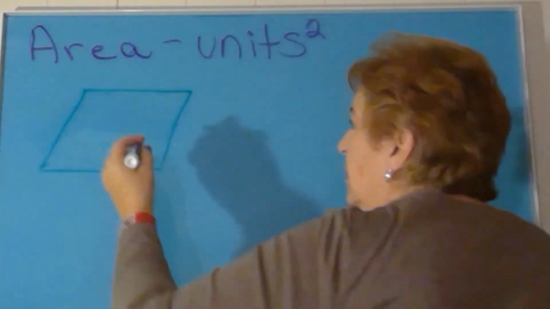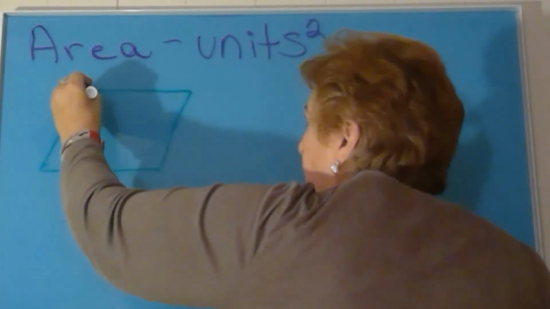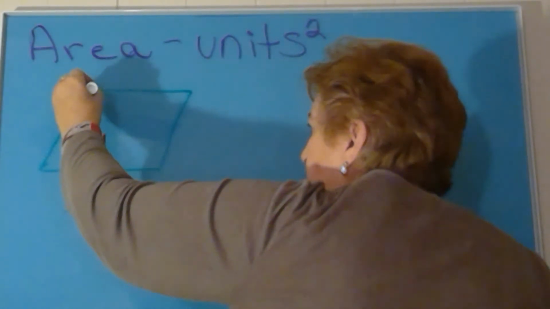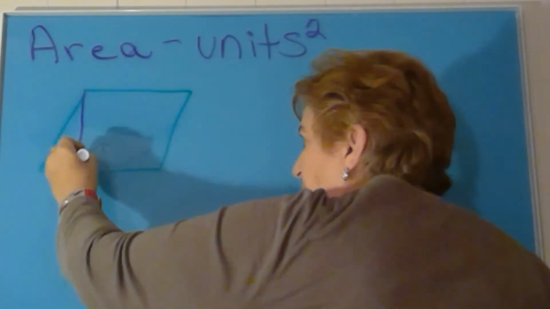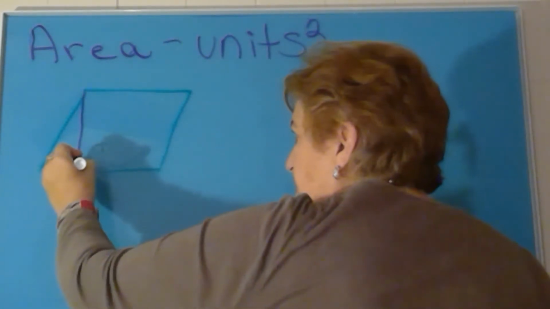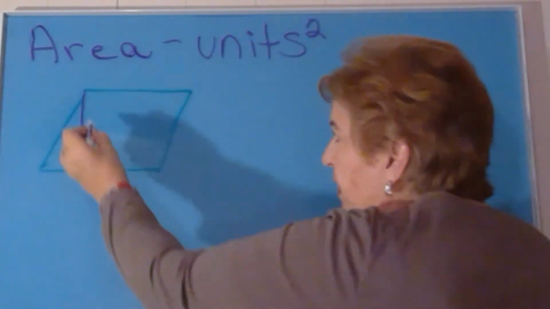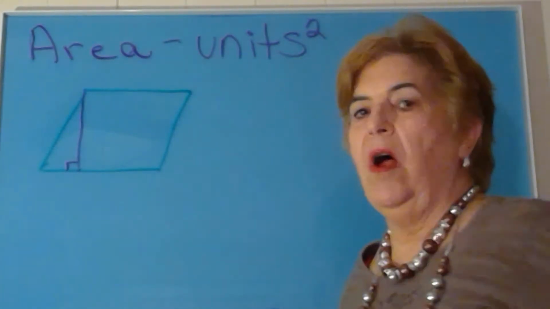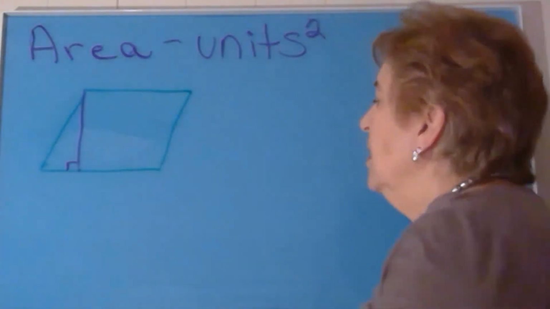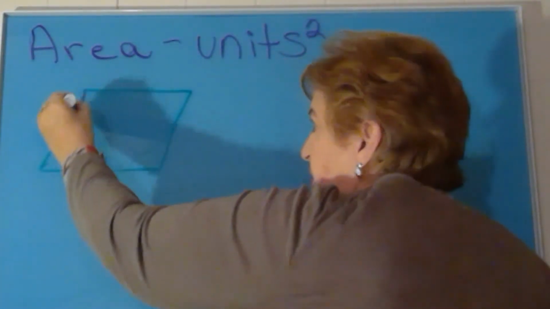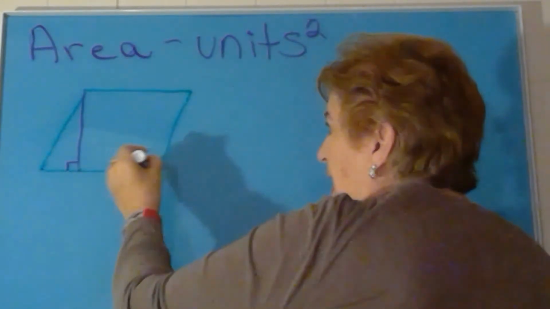If I start at that vertex and I draw a perpendicular, think of cutting that triangle off. If I remember, this side was parallel to this side.